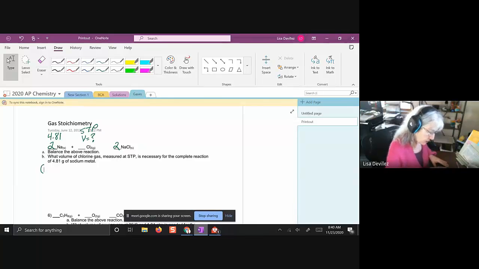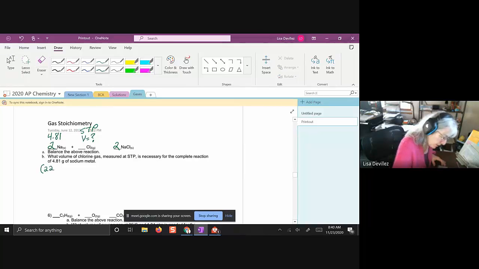So we're looking at this first problem here. 22.99 is my molar mass for that. So we have 4.81 divided by 22.99.